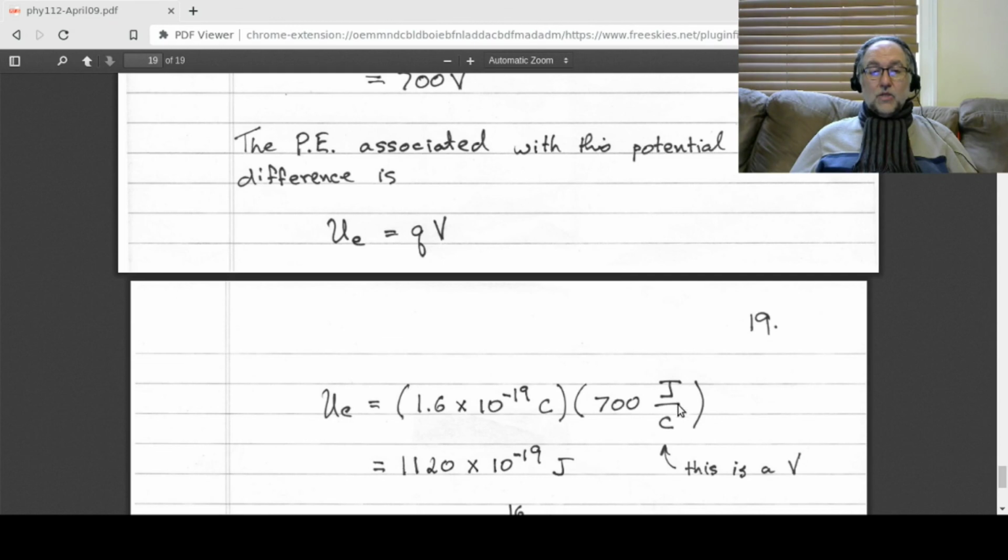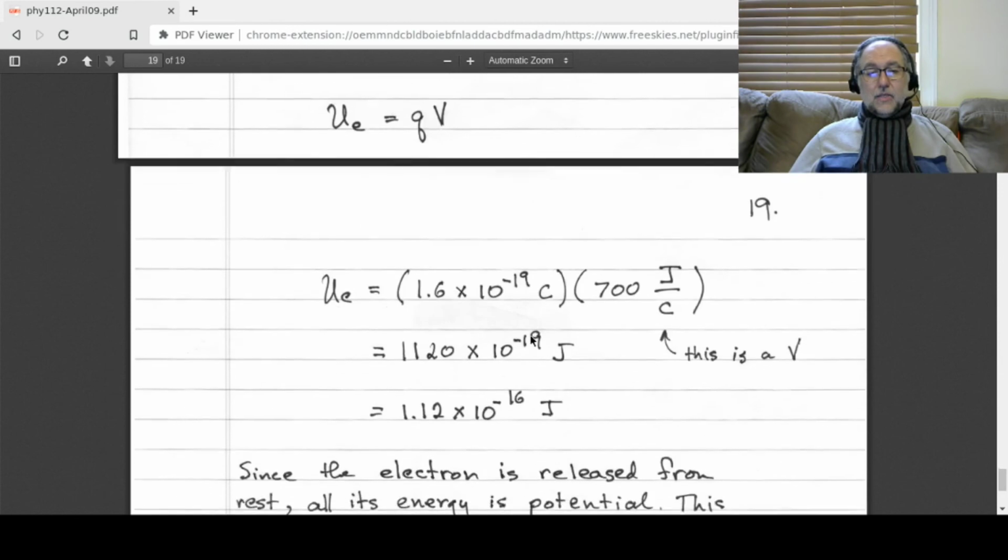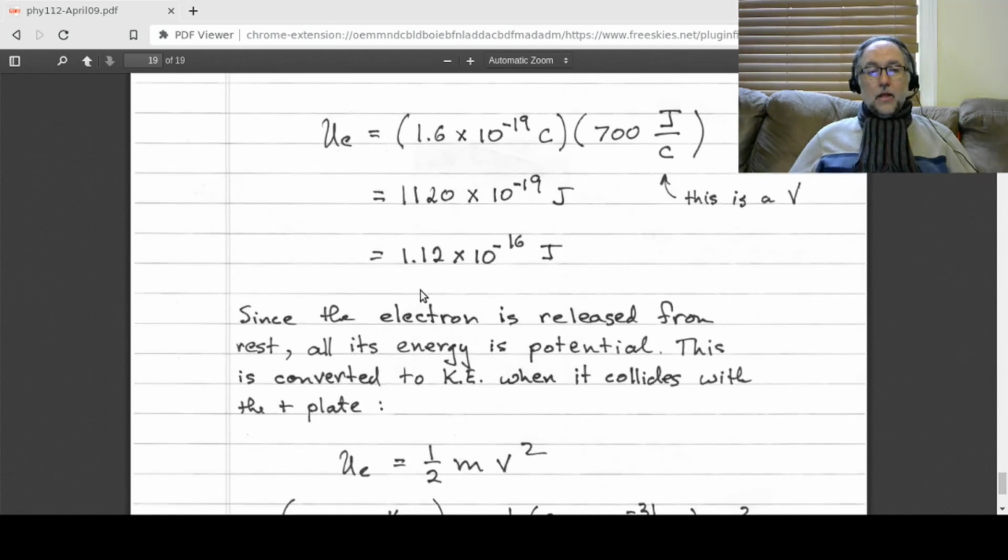But notice that I wrote it as joules per coulomb. And you can see here, because that's the definition of a volt, is joules per coulomb, the coulombs would cancel. And you're going to find that this is going to give you 1.12 times 10 to the minus 16 joules. Okay, so that's the potential energy of the electron when it's sitting right here.